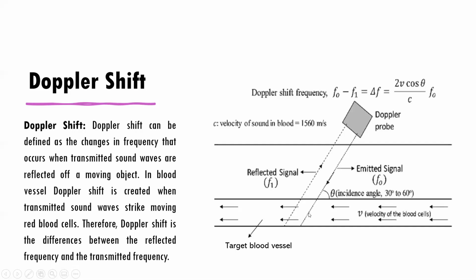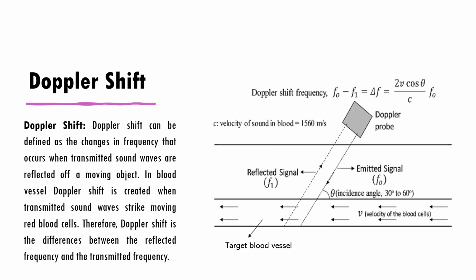When the sound beam hits a red blood cell, it goes forward, and before the echo returns, it goes further. This is the Doppler shift: the difference between the insonating beam coming and the beam returning, the difference between the two frequencies, is called the Doppler shift.